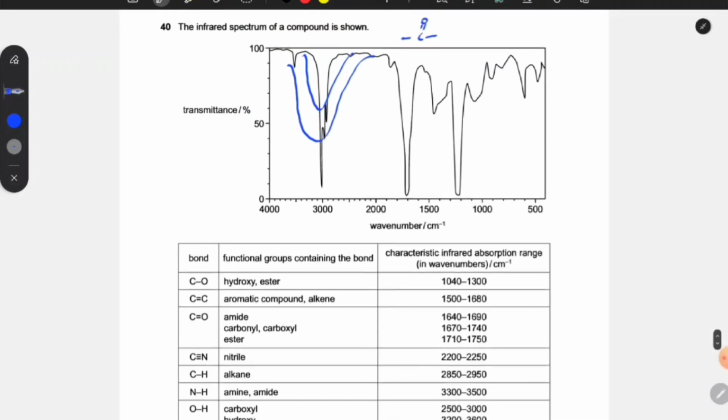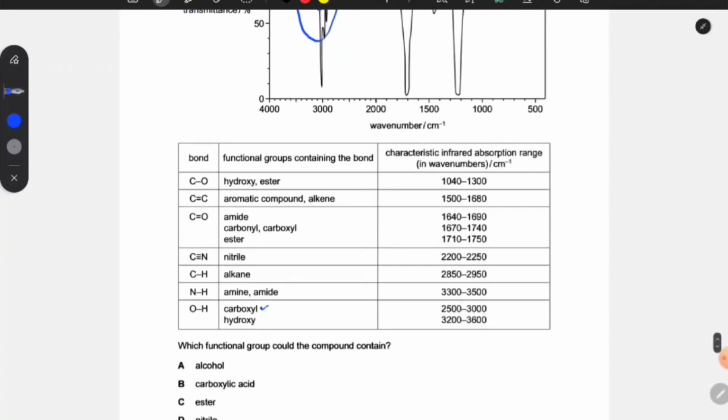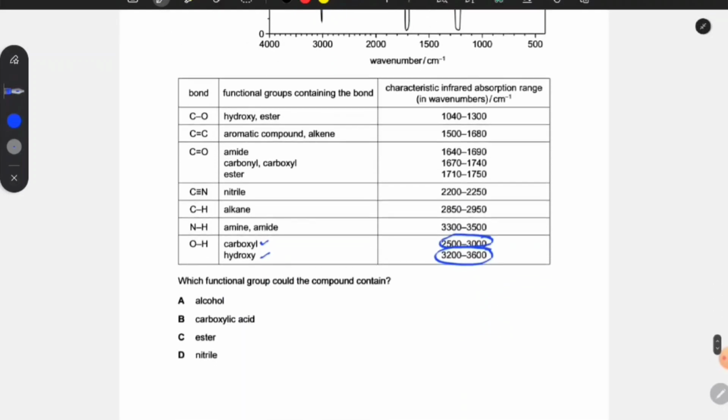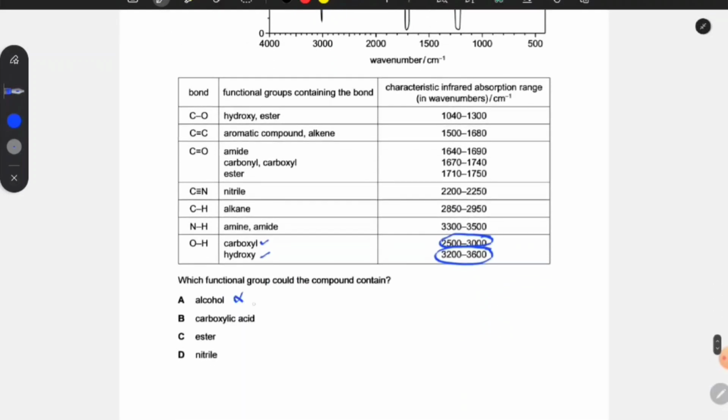So if there is a broad peak, then there are chances that there will be alcohol or carboxylic acid, because carboxylic acid has a broad peak in the 2500 to 3000 region, and the hydroxy group of alcohol should have a peak from 3200 to 3600. So these are very broad peaks. Both of these peaks are absent in this spectrum, so it means that we cannot have alcohol and carboxylic acid as our option.